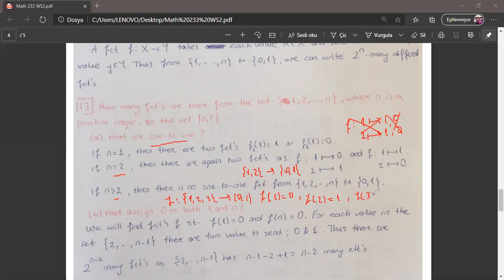But what about f of 3? We had 0 and 1 before, and we want it to be one-to-one, but there is no other element in here to be the image of f of 3, okay? So there is no such function if n is greater than 2, okay?